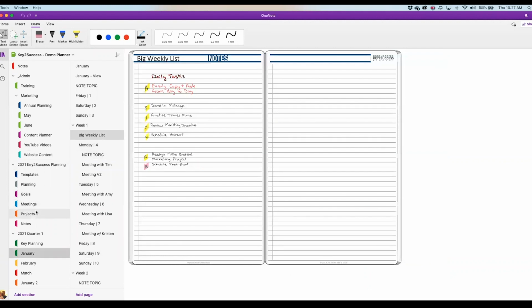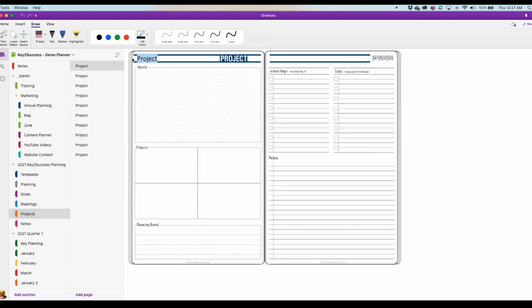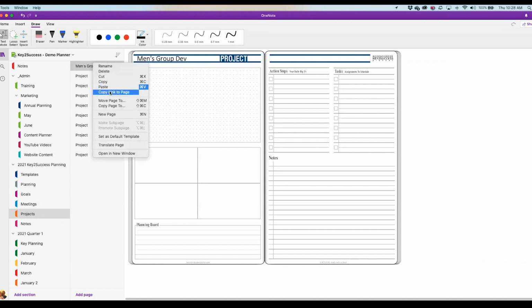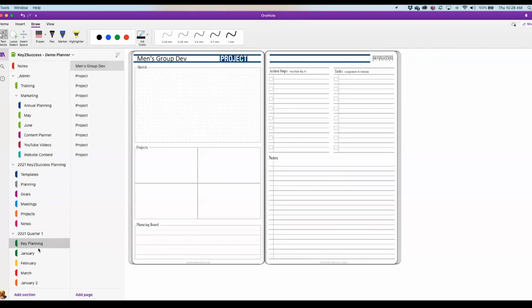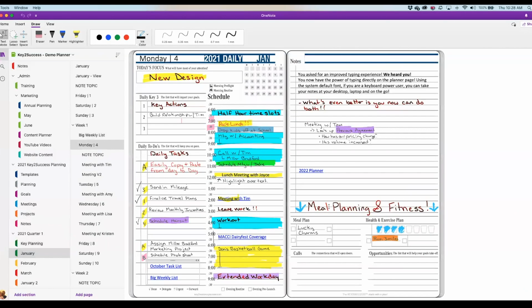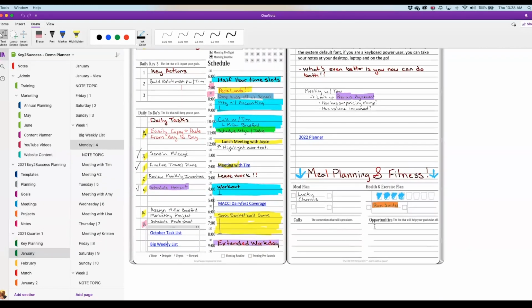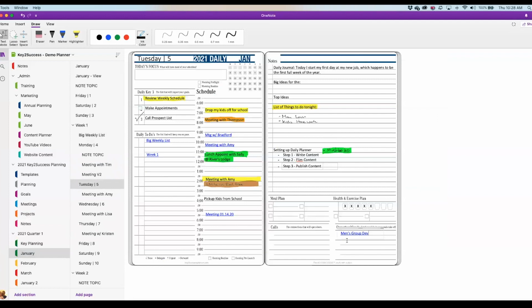Or, for example, if you had this project and this was men's group development, this could be a standing page that you easily find, saying, hey, this is an opportunity of mine. I want this to show up as I'm going through each day. I'm going to throw this down there.